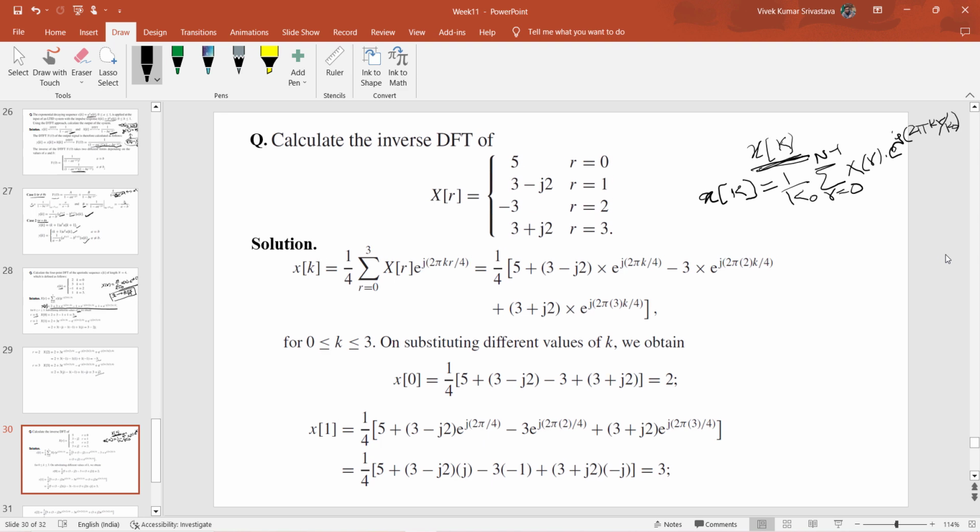By using this expression we will evaluate the inverse discrete Fourier transform.